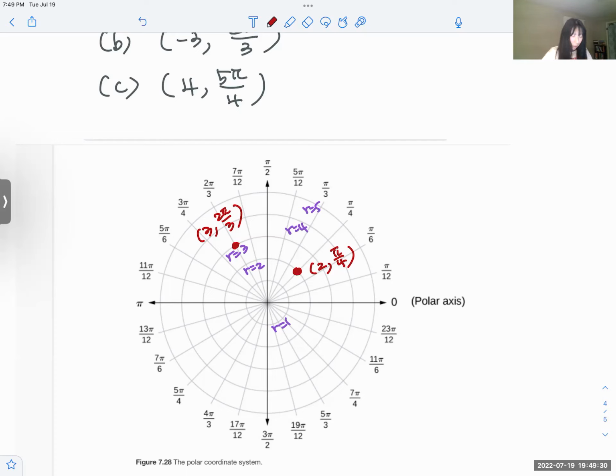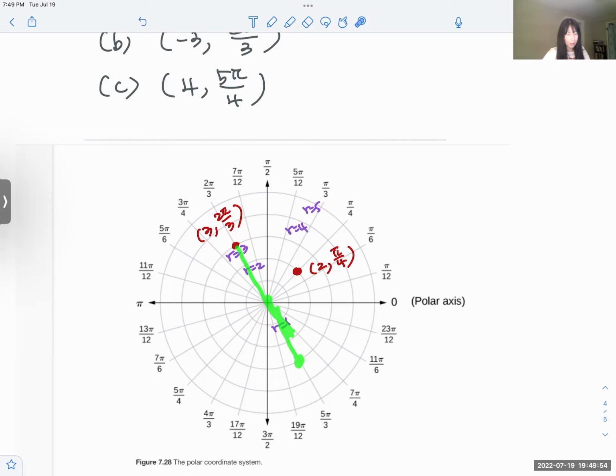We look at the opposite side: 1, 2, 3. So this will be (-3, 2 pi over 3).